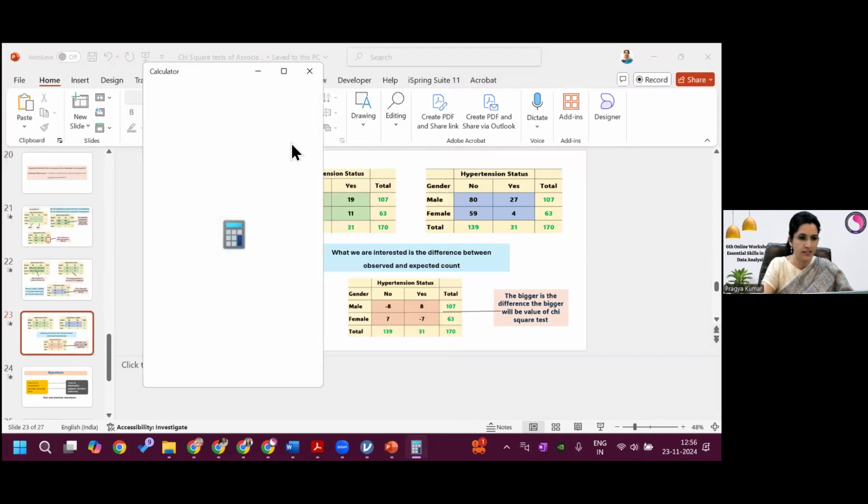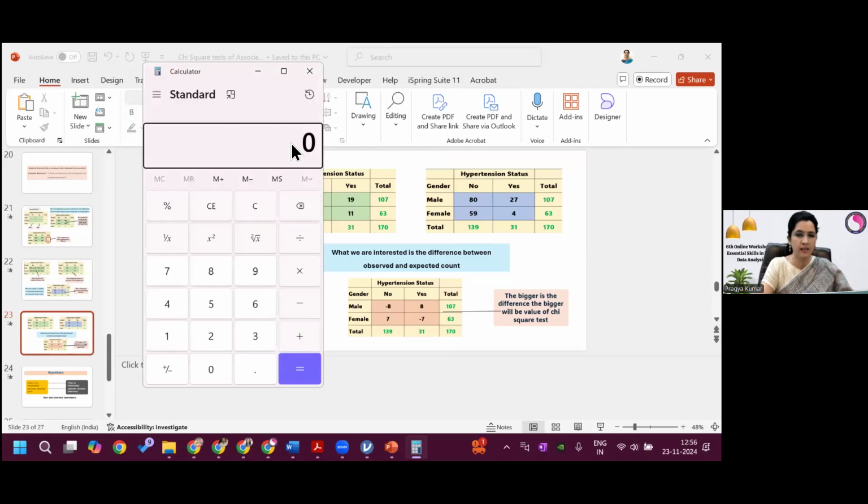So let's say I have diabetes and BMI, a 3 by 2 table. The total number, let's say 25, I have given as an example. Somebody has written it: 25 multiplied by 0.8, so it is 20. That means in 20 cells, the expected count should be more than 5.